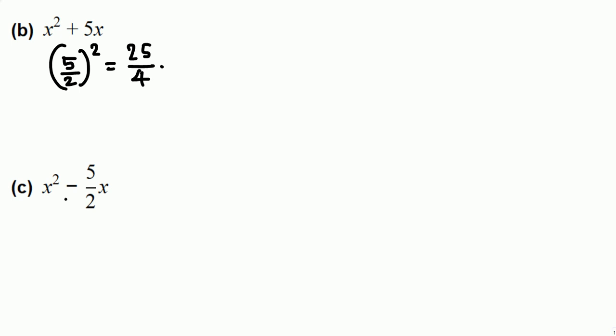In C, x squared minus, b is 5 halves, in fact negative 5 halves, but we don't have to worry about this negative sign. So 5 halves. Okay, so this is b, so we need to add half of this, so half of 5 halves. So what is half of 5 halves?